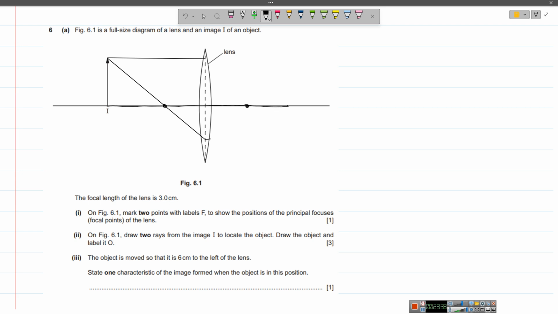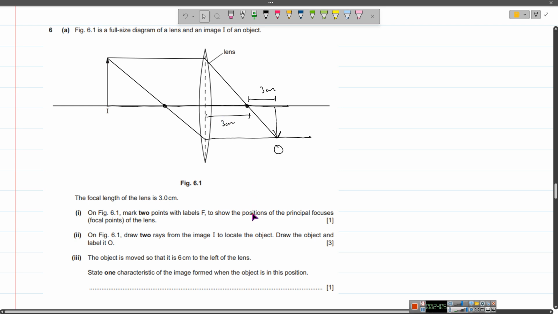So that is going to be going parallel, and this one is supposed to come back from this, right? From the focal point. So this is going to be an object, right? So this is going to be O, which is, if this is 3 centimeters, then this is also 3 centimeters, which is 6 centimeters, right? The object is moved so that it is 6 centimeters to the lens. State one characteristic of the image found in the position of the O, right?